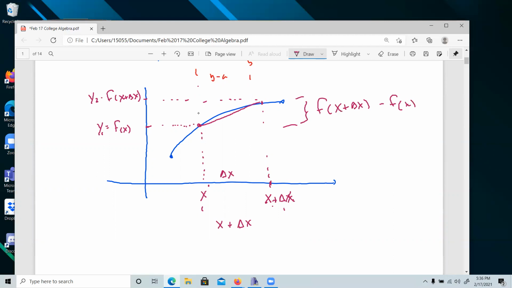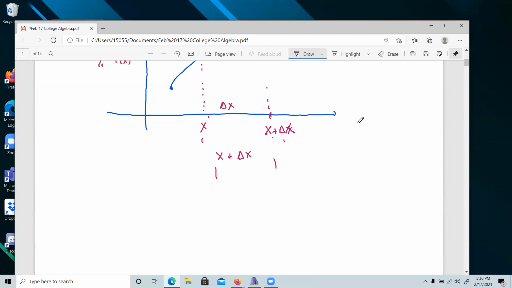Then we're going to divide by x plus delta x minus x. This simplifies, doesn't it? x plus delta x minus x is just going to be delta x.